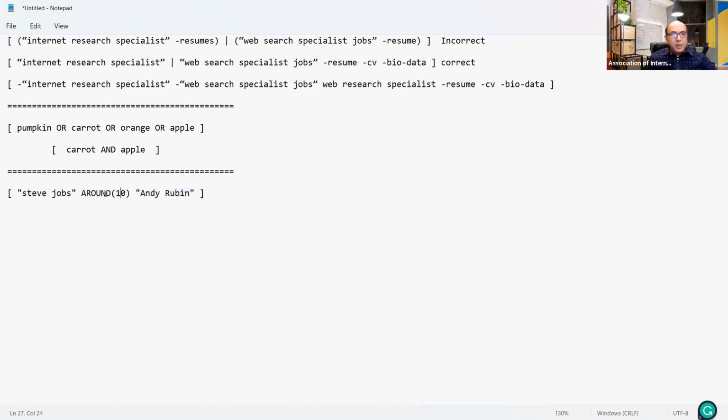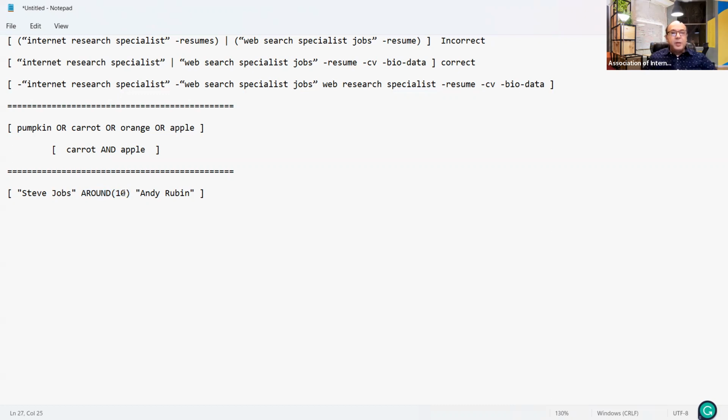What around is asking or looking for, or how you've commanded, is for the around to find the missing words in between these two names. Meaning that with reference to these two names of Steve Jobs and Andy Rubin, there could be a number of words that on your best guess could be 10 words or less.